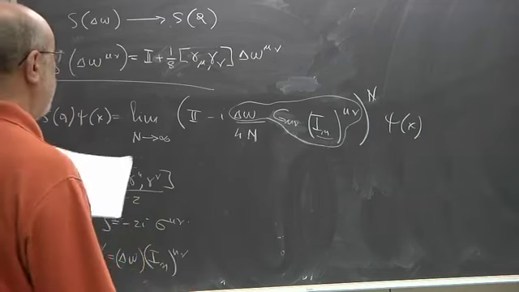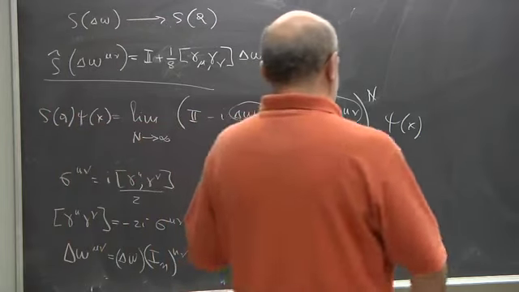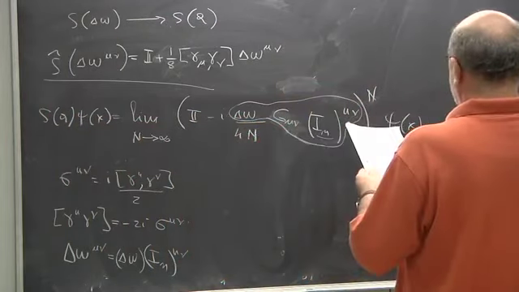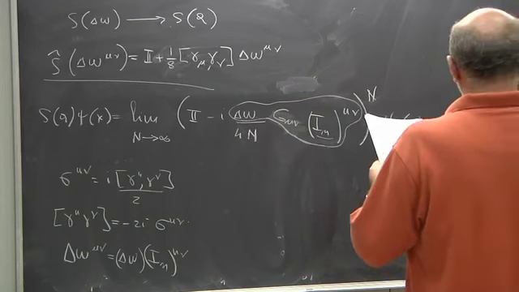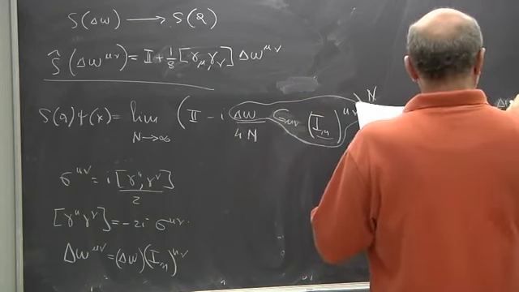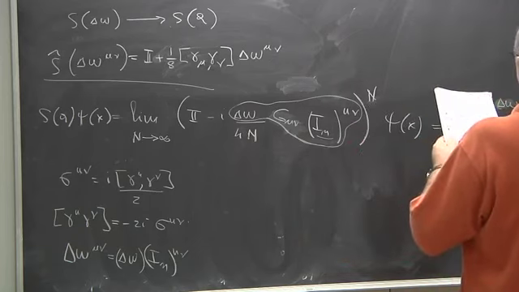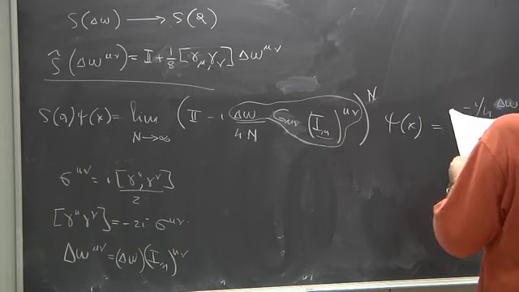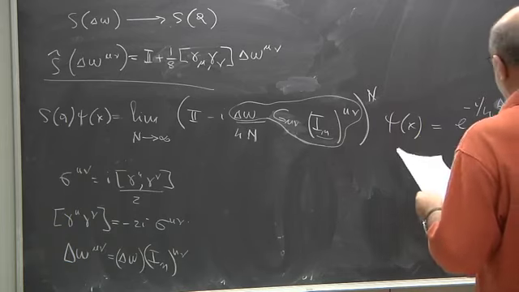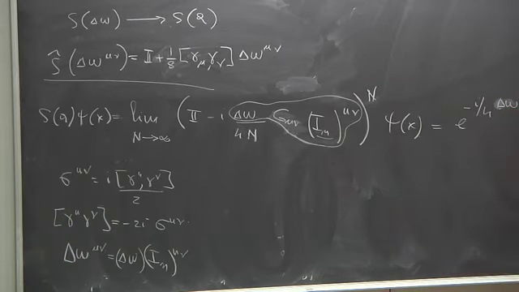Okay. Well, then it is easy to see that this object is nothing else than exponential of minus i over 4 delta omega sigma mu nu I_mu nu psi of x. Okay, so look what happened. These are 4x4 matrices, and how many of them do you have?